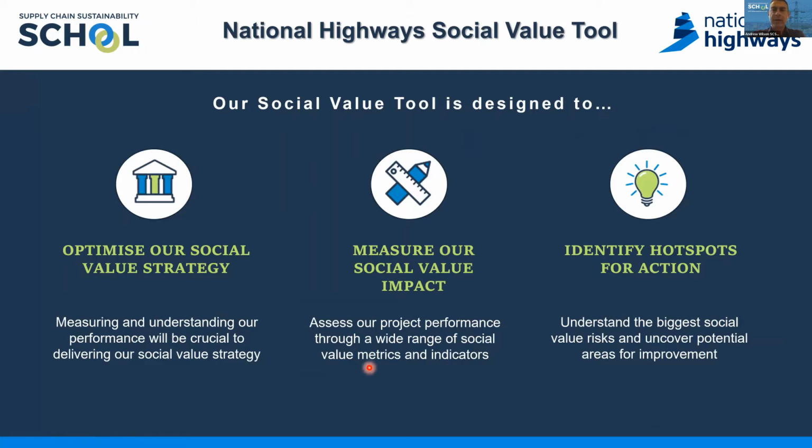You will see in a slide in a few moments' time what those metrics and indicators are. They're split across three key issues of social value. One is economic prosperity, the other is equality, diversity and inclusion, and the third is community well-being. So all of the metrics are related to those three core issues of social value.